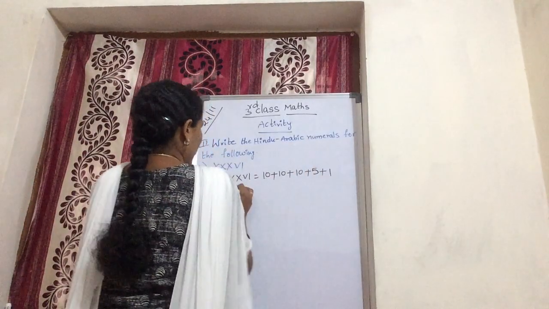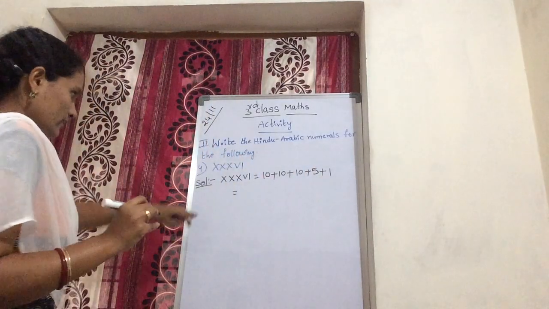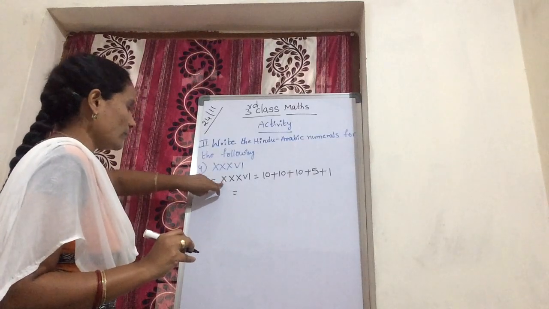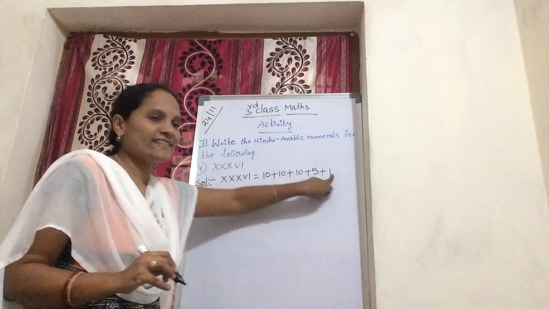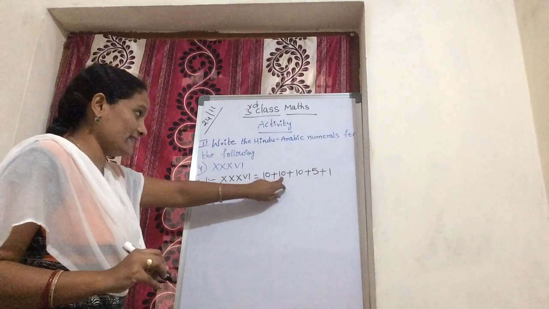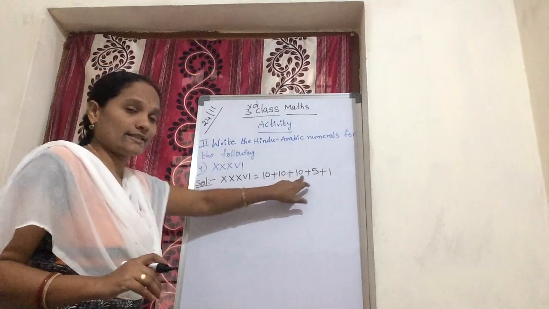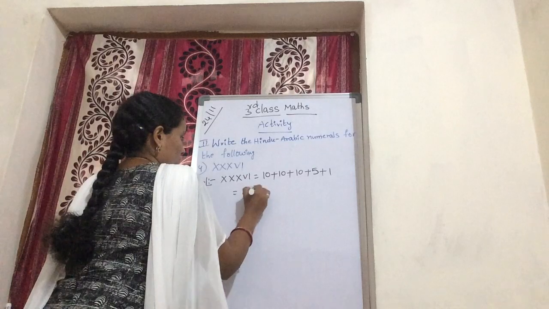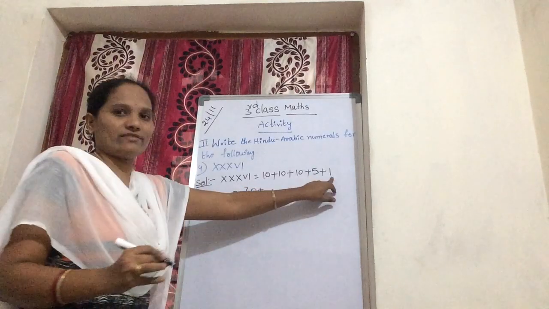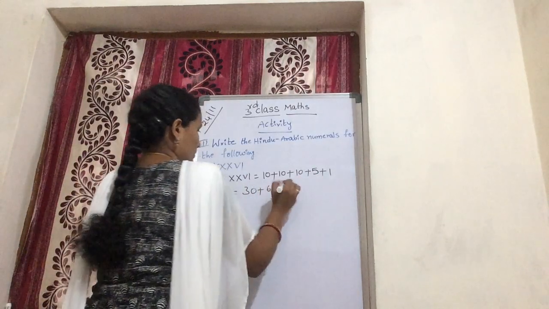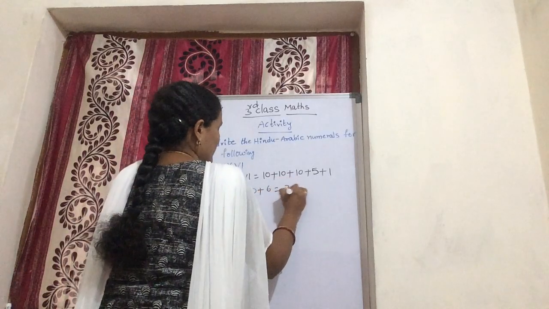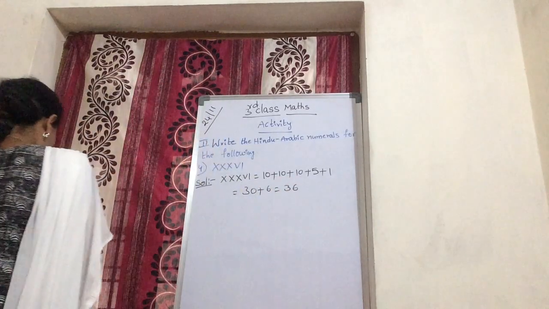I for 1. Here all are coming after, so you are doing addition. So 10 plus 10, 20. 20 plus 10, 30. Now 5 plus 1, 6. So total 30 plus 6, 36. Now next step.